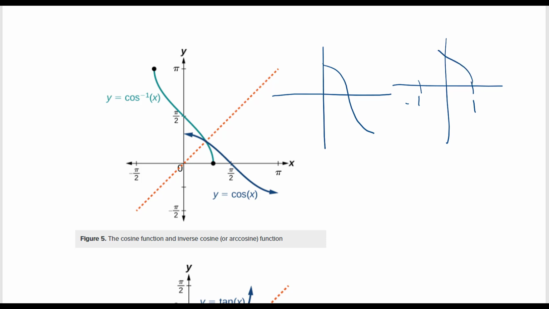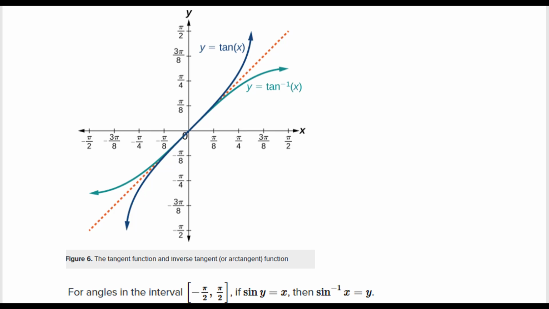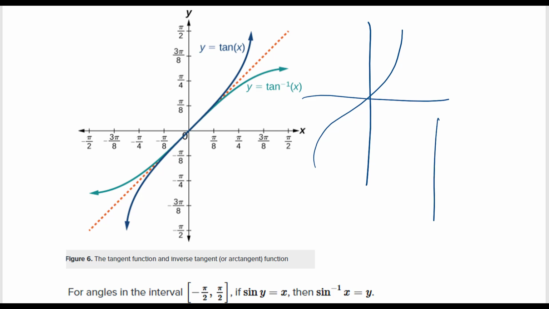So it's going to go up like that, because cosine of 0 is 1, cosine of pi is -1. So cosine inverse of 1 is 0, and cosine inverse of -1 is pi. I keep saying it wrong, I apologize. I should move on before I keep saying things wrong. And then in our tangent, as I showed you a second ago, we get that kind of a graph for tangent. So its inverse function would look something more like this.